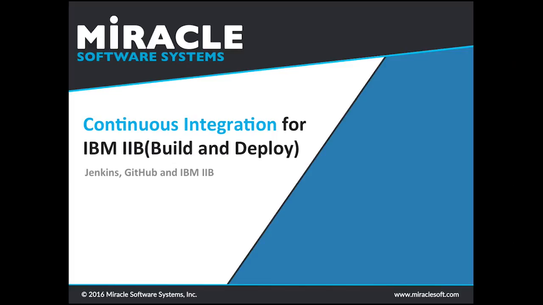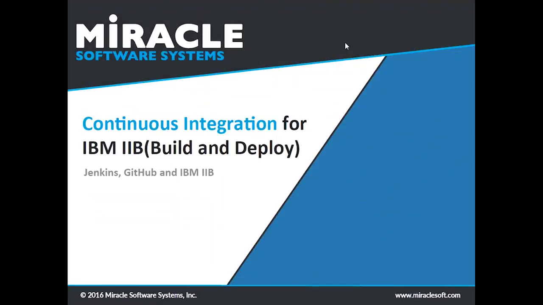Kunal, it's all yours. Hello everyone. Thanks Chanakya for the basic introduction and telling about DevOps and two-speed IT. From here on, I'll take on with IIB and continuous integration. Nowadays, people are using continuous integration a lot in the industry and in all the landscape where IIB is deployed.